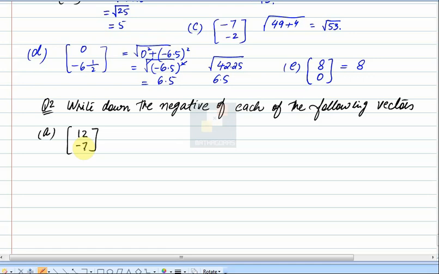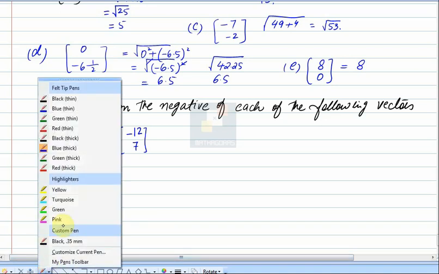Now what we had studied in the negative vector is that they are equal in magnitude but in opposite direction. So the negative vector of 12 and -7 is -12 and 7. So what you need to do, you need to just swap the sign, and that's it, right?